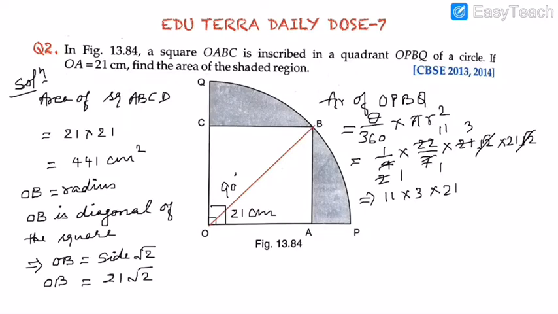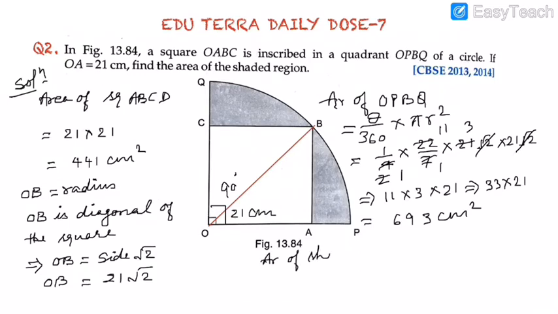Multiply all these three numbers: it equals 33 into 21, which comes to 693 centimeters square. Finally we are very close to our answer.